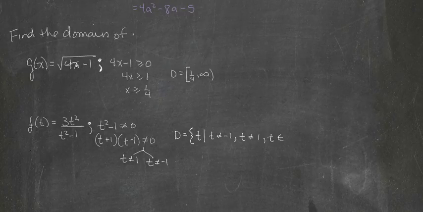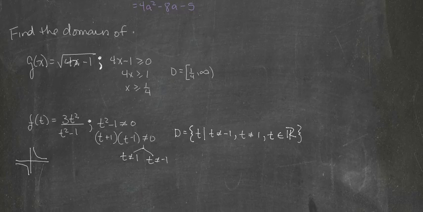Well, we know that rational functions, the parent rational looks like this, which means that though we have restricted values, and we're okay with that, we're really talking about all the numbers on the real plane. So t is an element of the real number system.